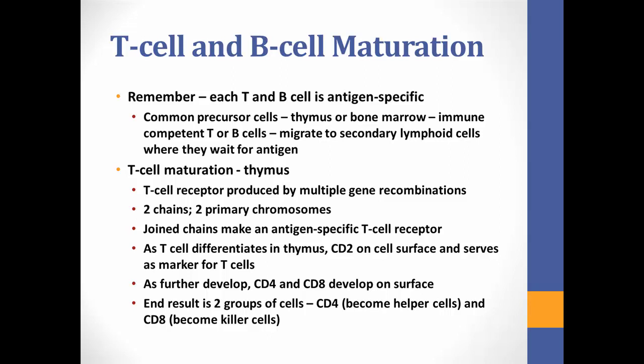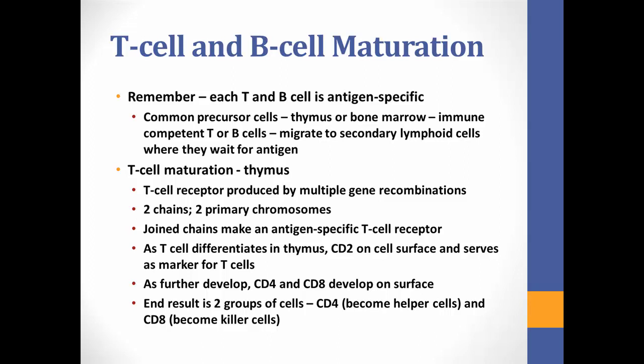So let's talk about T cell maturation, and then we'll also talk about B cell maturation. T cell maturation occurs primarily in the thymus. These T cell receptors are produced by multiple gene combinations. There are 2 chains and 2 primary chromosomes.